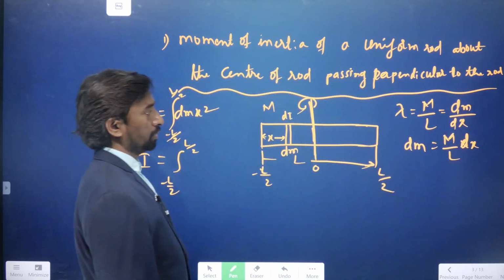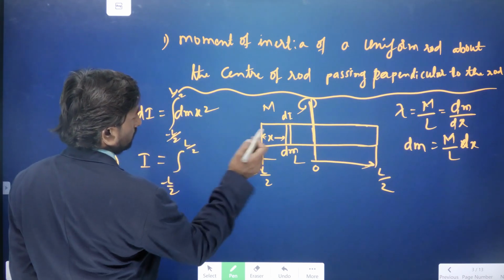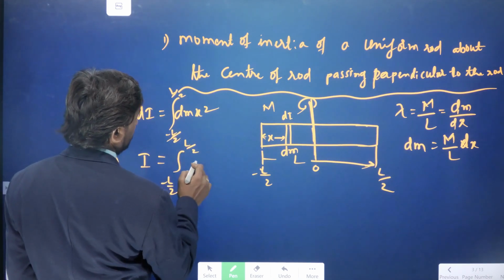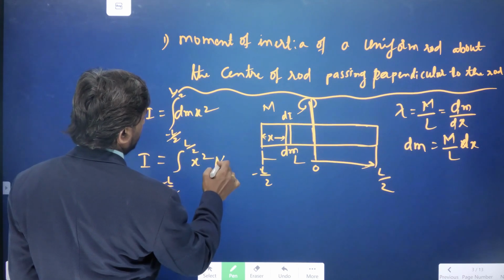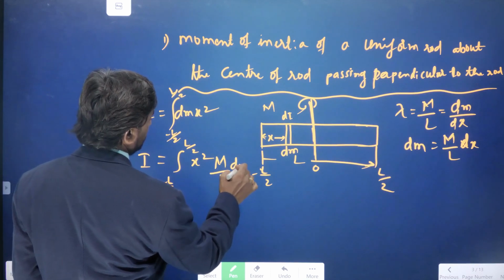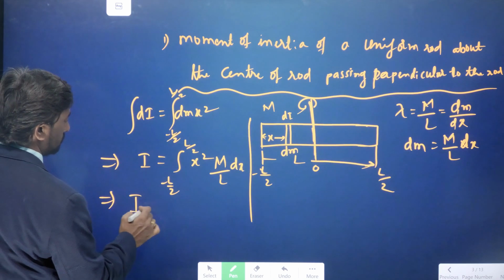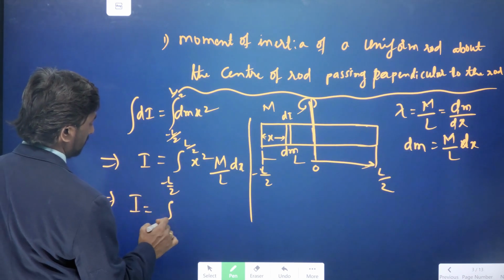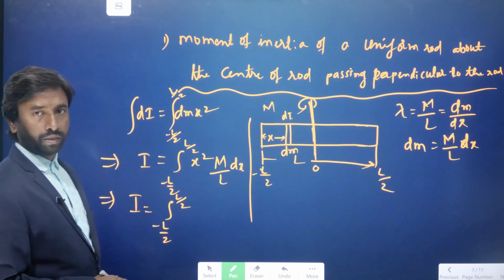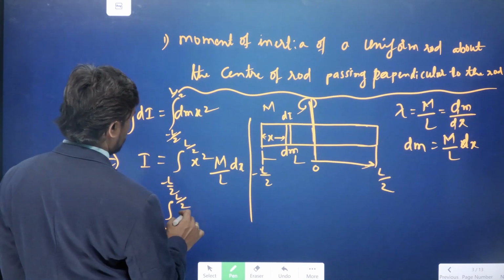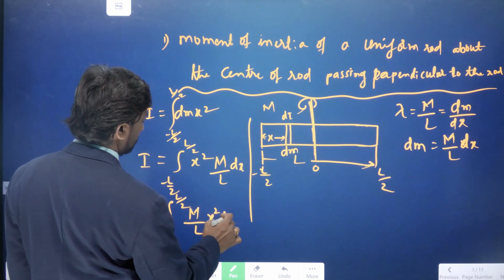Now if you write that value in place of dm, x square into dm is nothing but x square into M by L into dx. So I is equal to the integral from minus L by 2 to L by 2 of M by L x square dx.